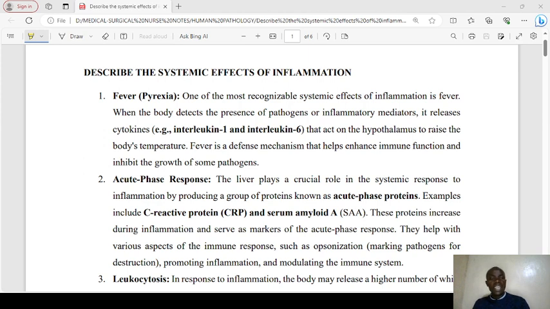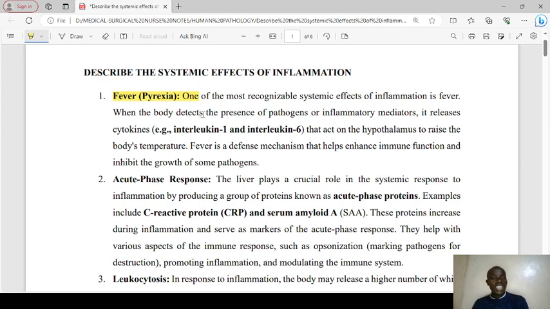So after looking at those six local effects, it is now time for us to look at the systemic effects of inflammation. We start with fever or pyrexia. And this is one of the most recognizable systemic effects of inflammation.